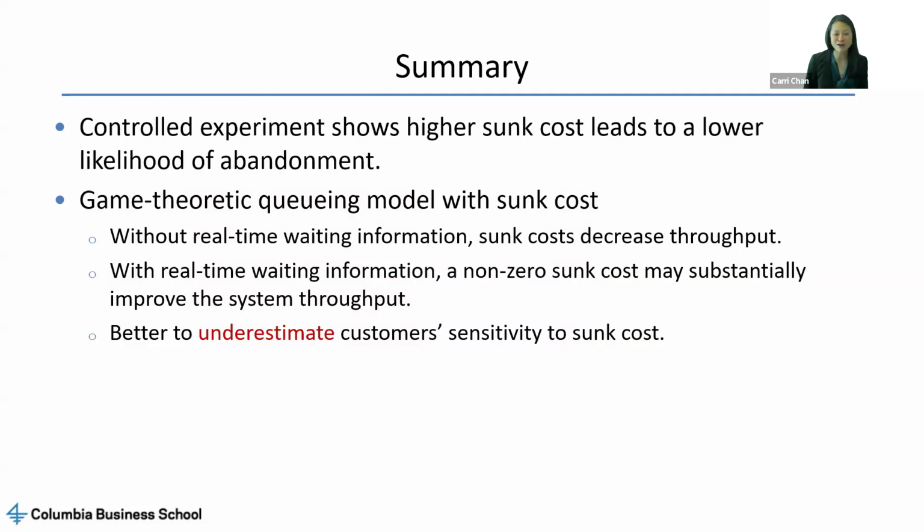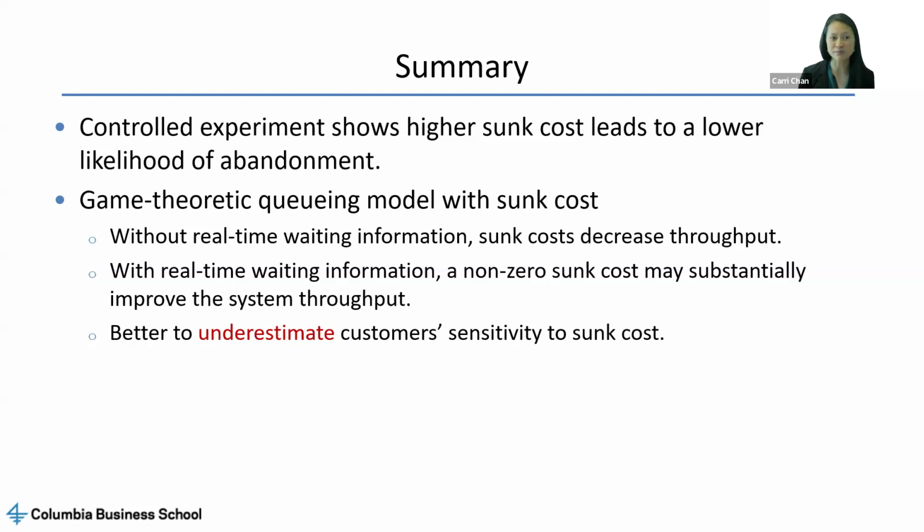So let me just wrap up. We motivated this by some prior empirical work that we saw in observational setting. And then we further validated using a controlled experiment to show that a higher sunk cost leads to lower likelihood of abandonment.